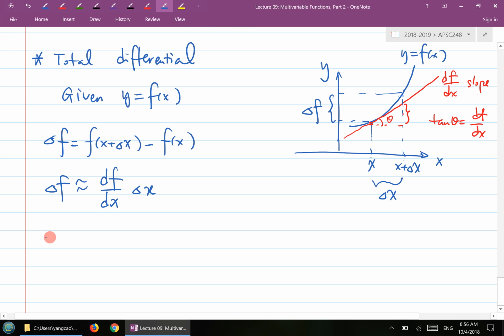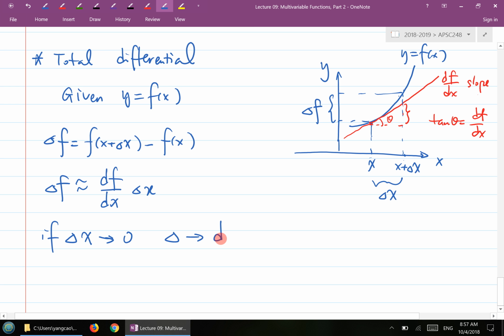Now, it is an approximate change because you have a delta x here. However, if delta x goes to 0, so you let delta x shrink as small as possible, then delta x becomes dx. So the delta becomes the differential quantity, straight d now.